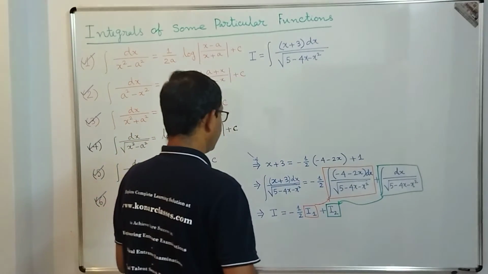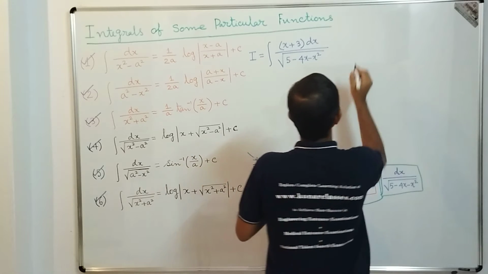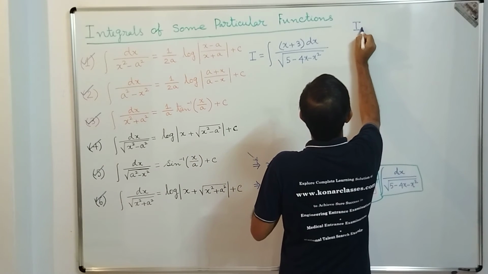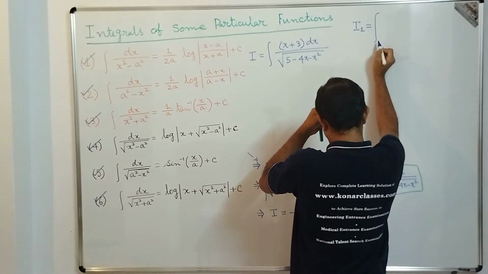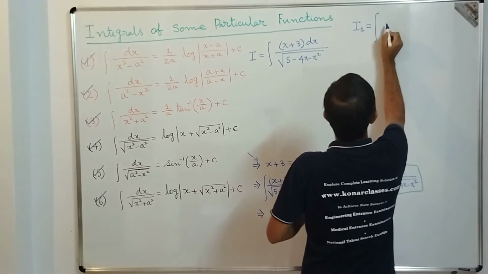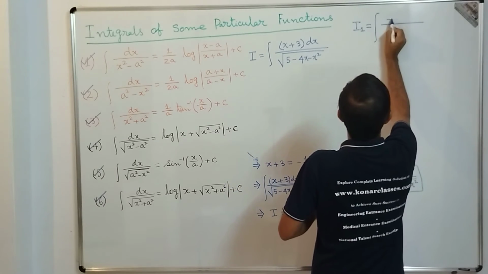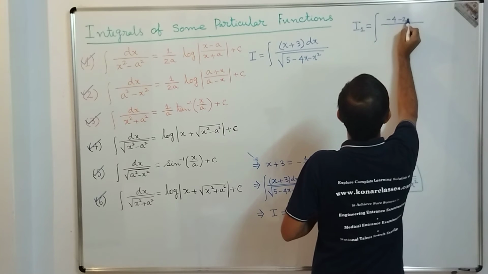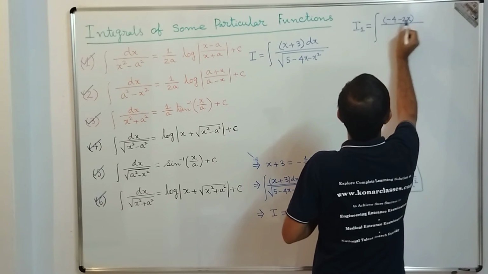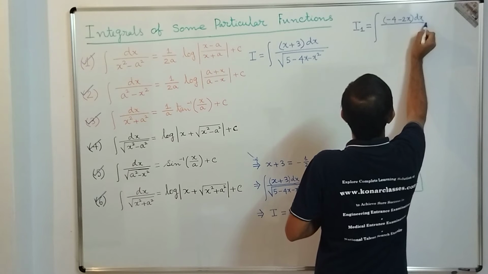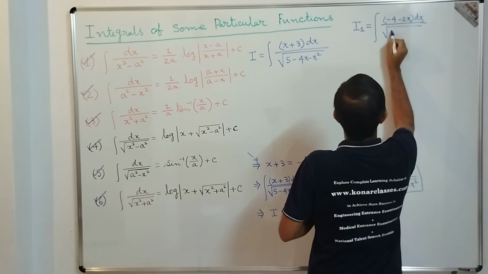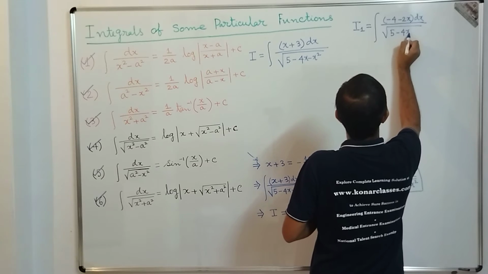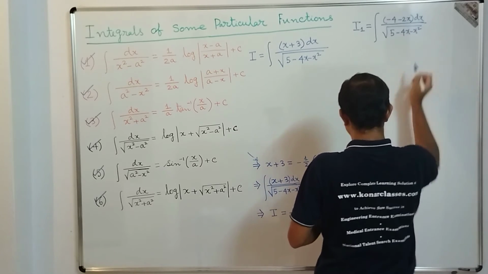So I1 is equal to integration of (minus 4 minus 2x) dx divided by square root of 5 minus 4x minus x square.